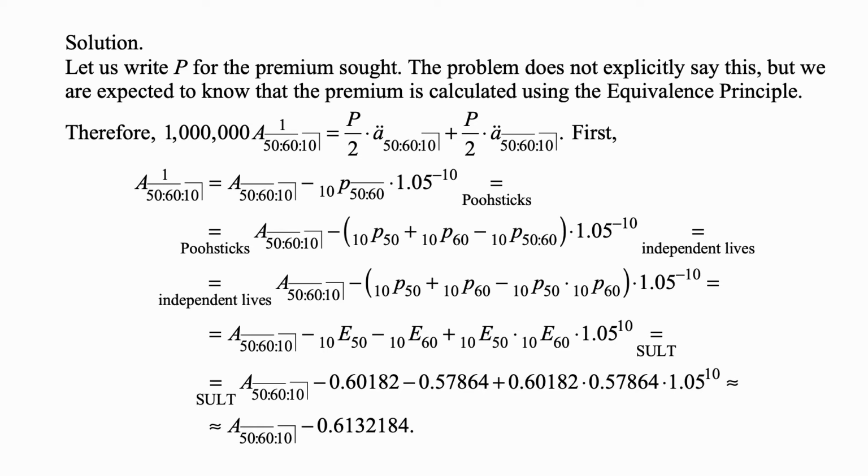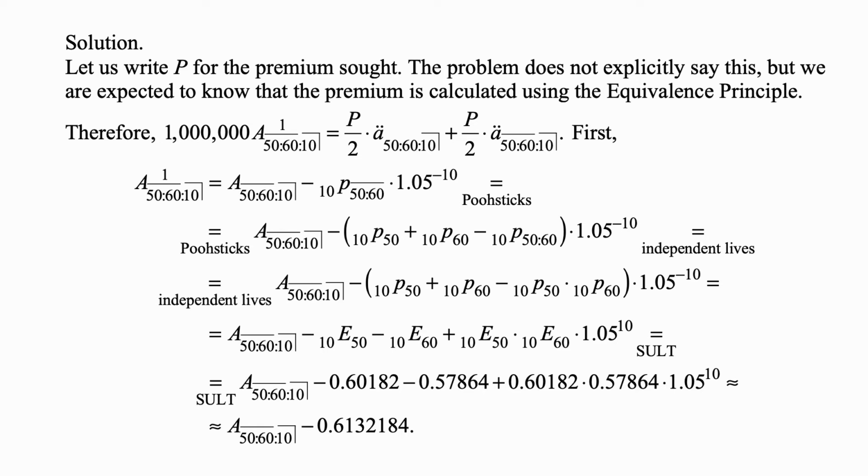I write it as this 10-year endowment minus pure endowment. Then I use inclusion-exclusion to write the 10p 50:60 with a bar above it as 10p 50 plus 10p 60 minus 10p 50:60, because 50 and 60 are independent.